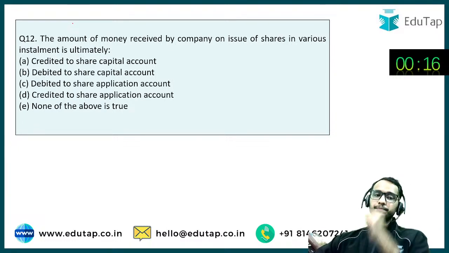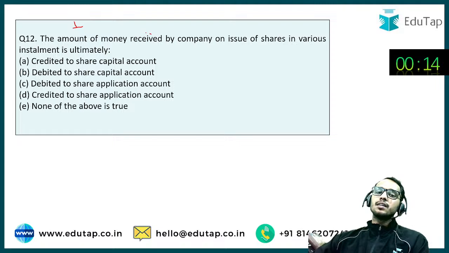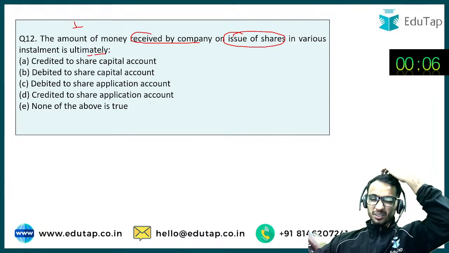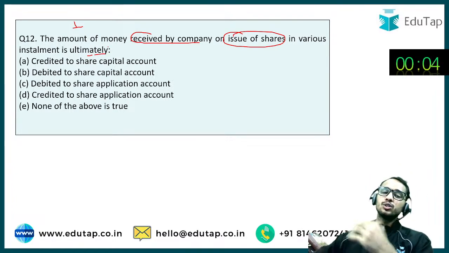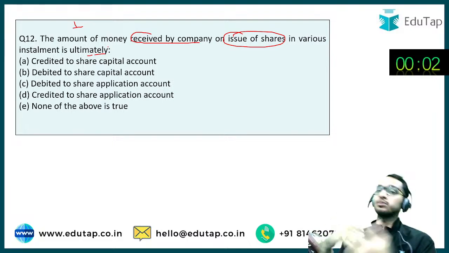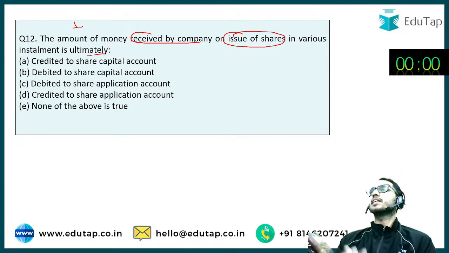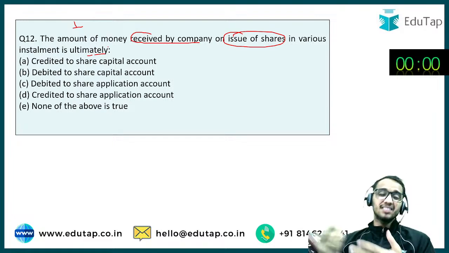It says the amount of money received by the company on issue of shares in various installment is ultimately, very easy question. This is normal general entry you have to know. So whatever amount we are getting while we are issuing the shares, we are getting first application money, we are getting allotment money, we are getting first call money, we are getting second call money.